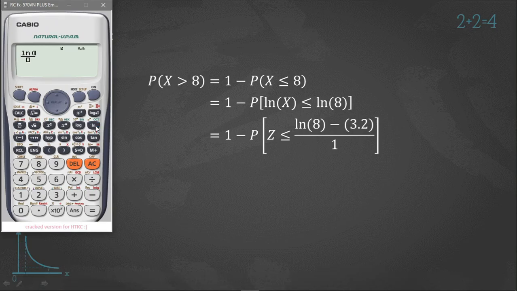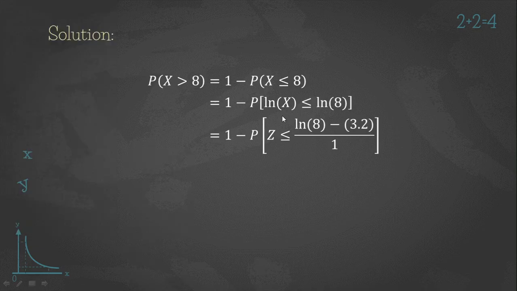Okay. ln of 8 minus 3.2 over 1. So, ang sagot is approximately negative 1.12. So, 1 minus the probability of variable z is less than or equal negative 1.12.